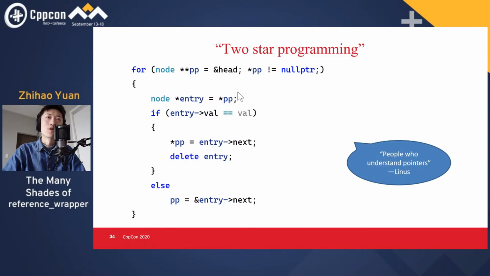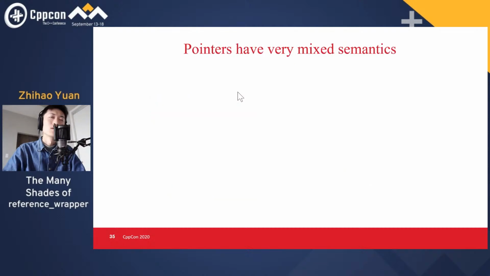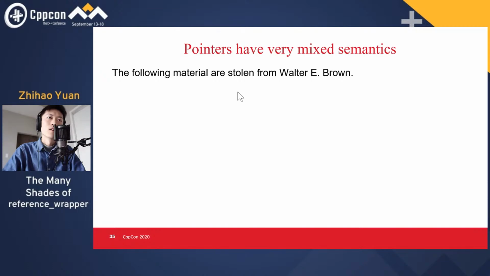You may understand pointers, but you don't understand rebindable reference. To me, pointers have very mixed semantics. The following material is borrowed from Walter E. Brown. If you come to CppCon but don't know who he is, please look up his videos on YouTube.